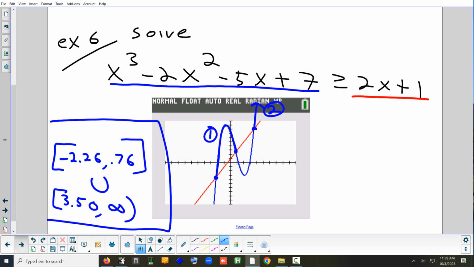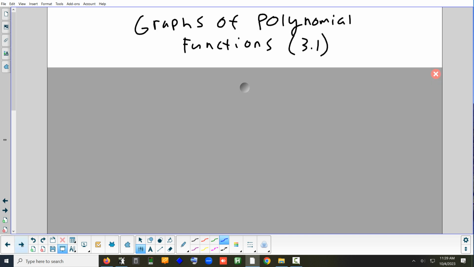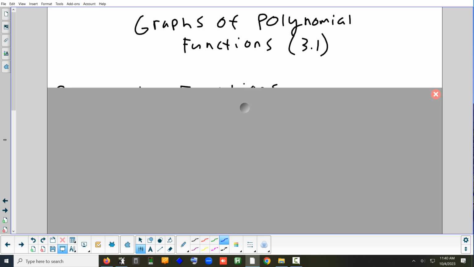All right. So last thing we'll look at in the last 25 minutes is part of 3.1. I don't know, we'll see what we get to. But those graphs that we just did, the one that had that curve to it, that was a polynomial. The U-shaped one that looked like a parabola, that's a polynomial.